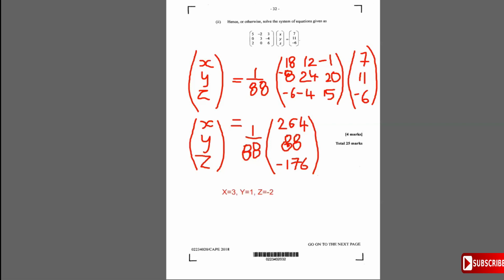Nice. Now we go to the final question of the paper, question 6. Question 6 is typically a differential equations question. We have this differential equation: y prime times cos x is equal to y sine x plus sine 2x.